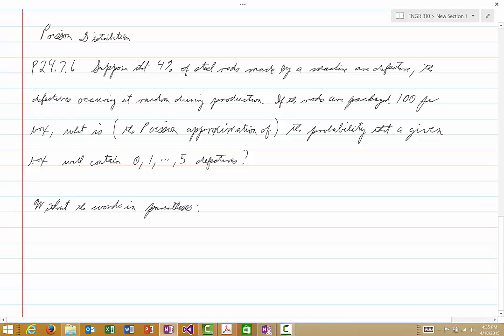Now, I hope that you will see that if we didn't have those words present, then this would be a good example of where we might use the binomial distribution. Because for any given rod, there's two possibilities.